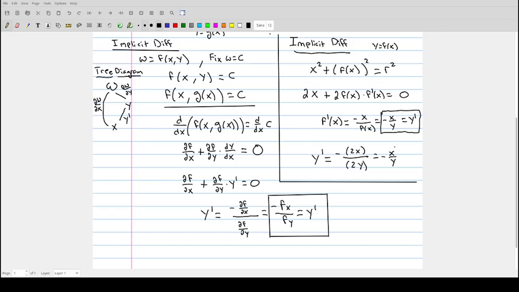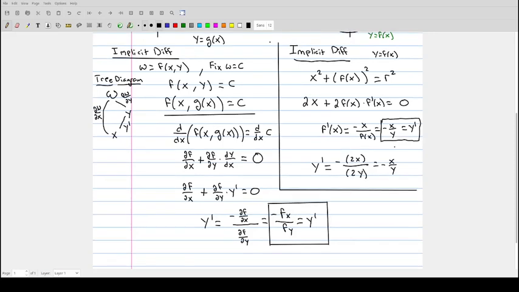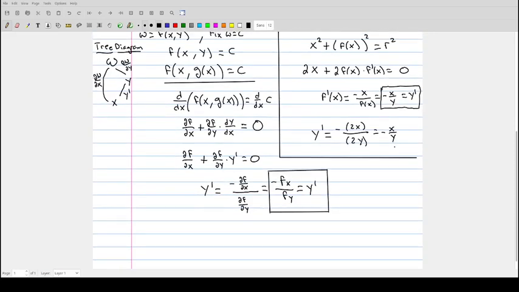It's exactly what we solved for before. So what we've just done is use the multivariable chain rule to directly verify and extend very greatly our method of implicit differentiation. It makes it a lot easier to do this now for any function, no matter how complicated the function is.